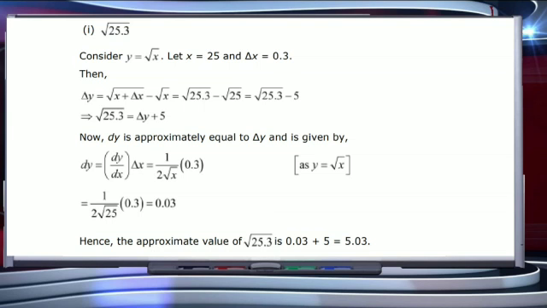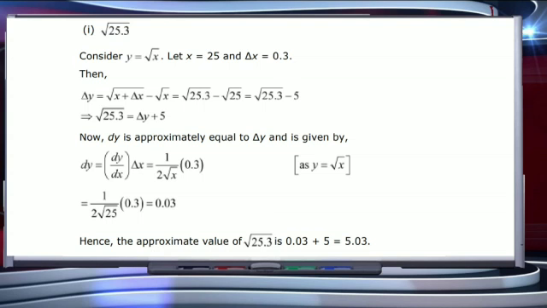Now our next step is to find the value of delta y and substitute here. Students, remember that delta y and dy are approximately the same values. So delta y is given by dy by dx into delta x. Now we will find dy by dx by actually differentiating y with respect to x.